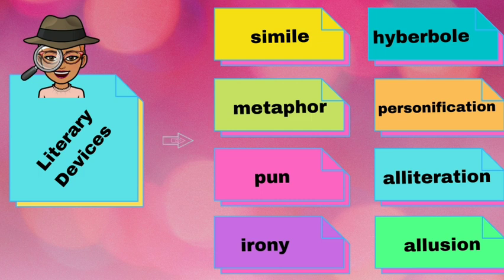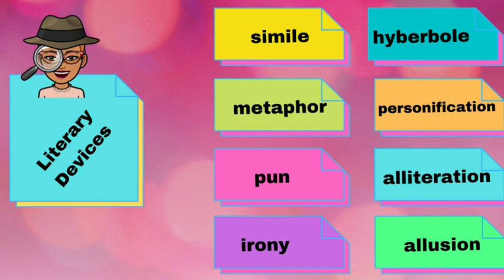Literary devices. Literary devices are techniques that writers use to create a special and pointed effect in their writing, to convey information, or to help readers understand their writing on a deeper level.